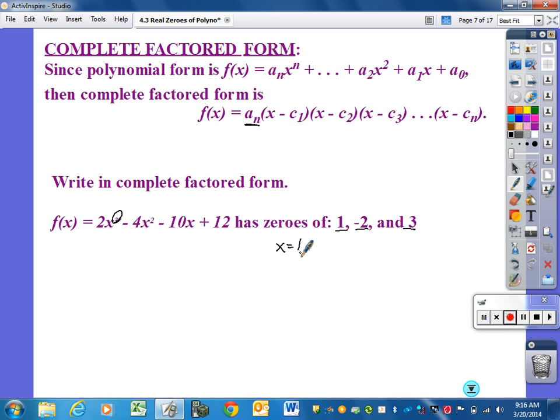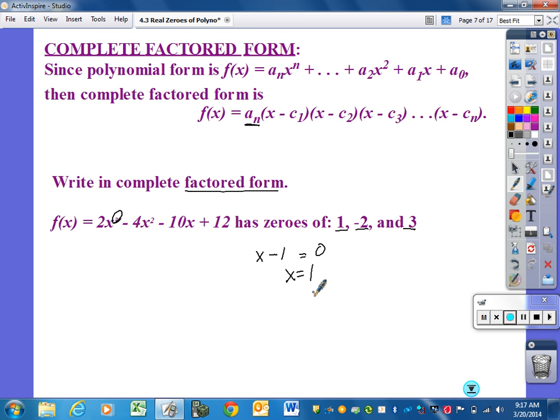And we are supposed to write it in factored form. So we're supposed to go from the 0 back to the factor. So what factor would have given me the root of 1? I want to go back here where it said it equals 0. How am I going to go back to 0? I'd have to subtract 1.